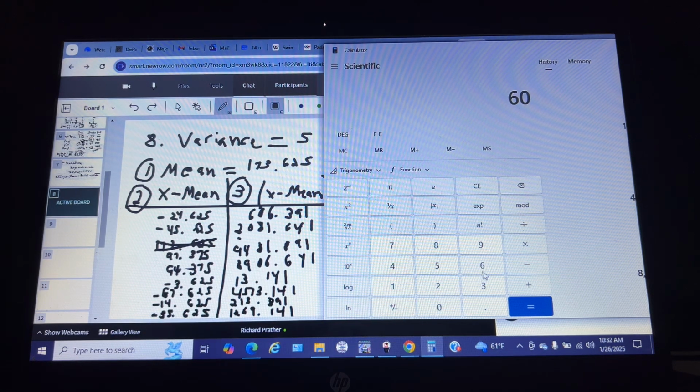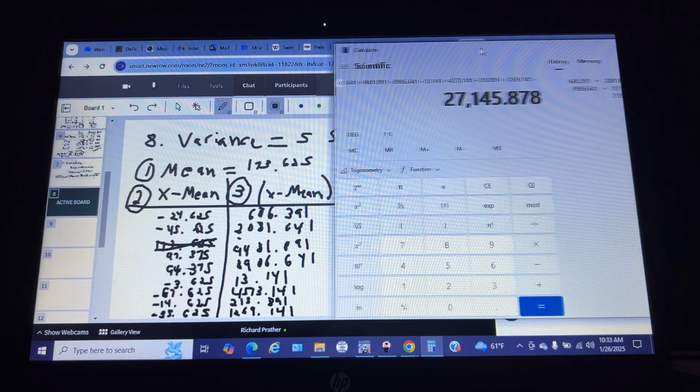Okay, I couldn't read if that was a zero. 606.391 plus 2081.641 plus 9481.891 plus 8906.641 plus 13.141 plus 4573.141 plus 213.891 and finally 1269.141. See, this will not add up to 0 because they're all positive.